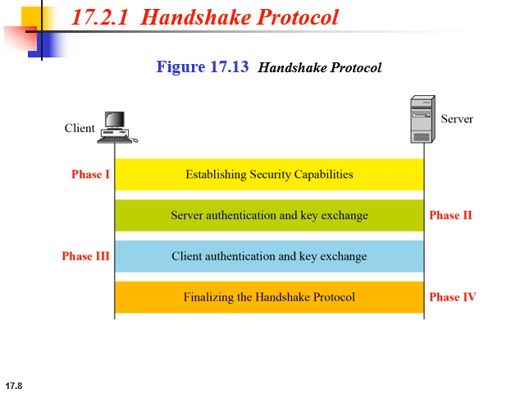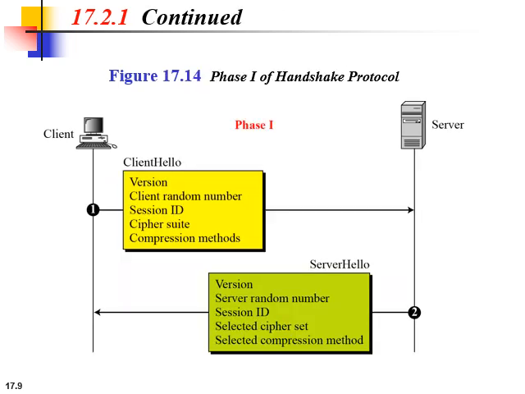The second is server authentication and key exchange. In this phase, the server authenticates itself to the client. In the third phase, the client authenticates itself to the server. And the fourth phase is finalizing the handshake.